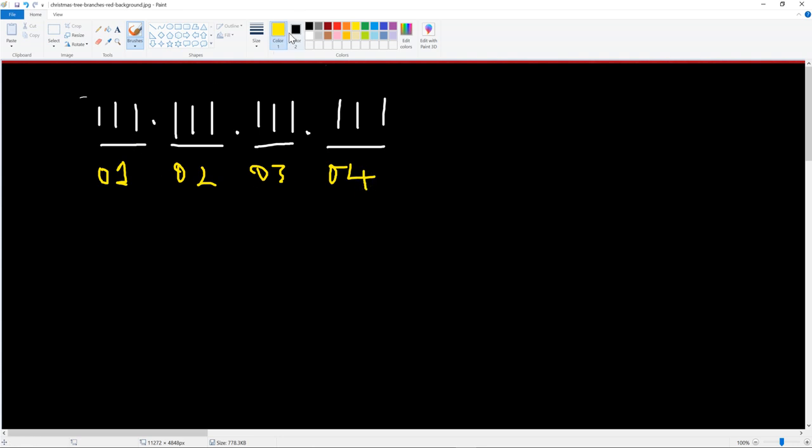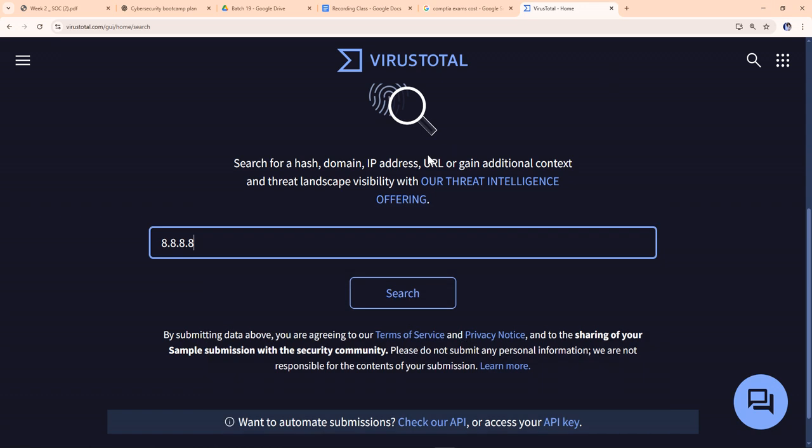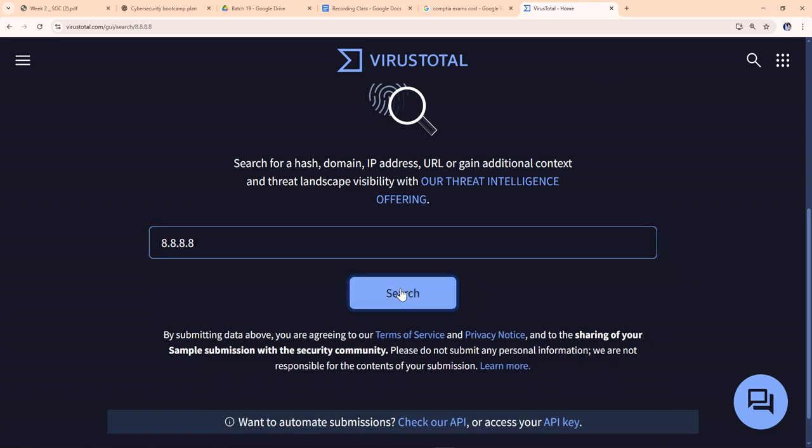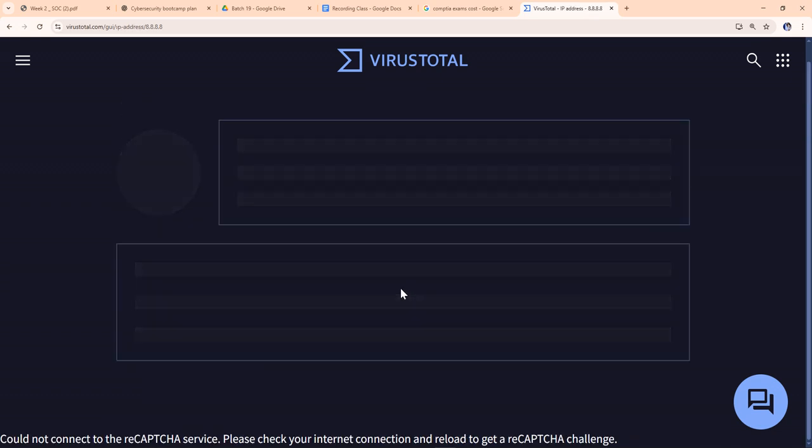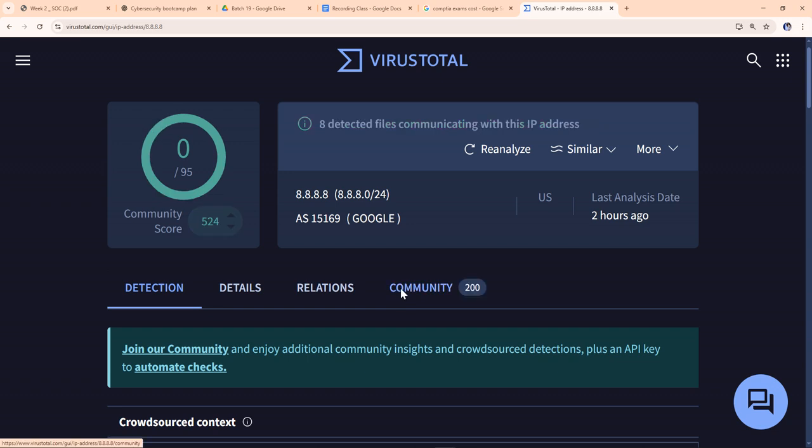The same way we have Google sitting on 8.8.8.8. This should be translated to google.com. So let's check it out. 8.8.8.8, search. If we see a greenish environment, we'll know that this platform is clean.